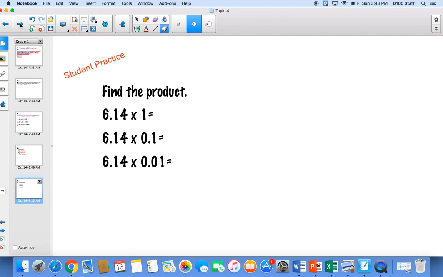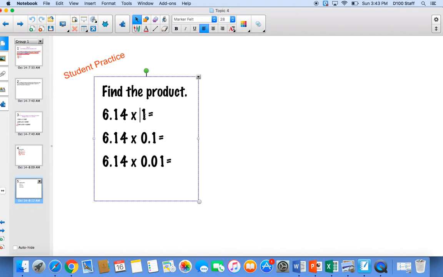All right, now let's try one by multiplying with decimals. So remember, we are going to move our decimal to the left now because our numbers are going to be getting smaller. Go ahead and click submit when you are ready. Okay, so our first problem, we have the same number, 6 14/100 times 1. We don't have to move anything because any number times 1 is always going to stay that number unless you are multiplying by 0.